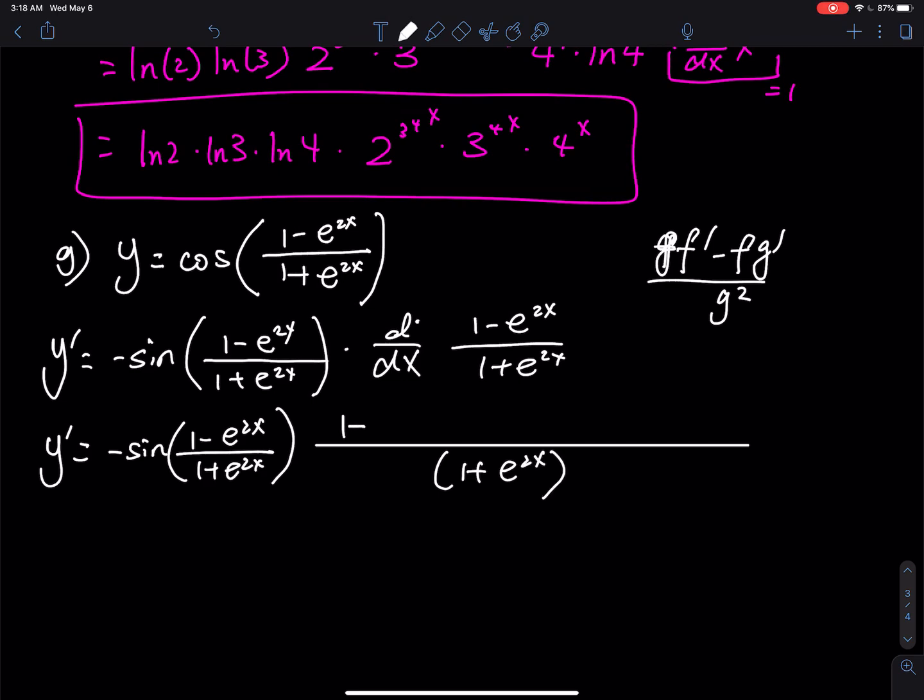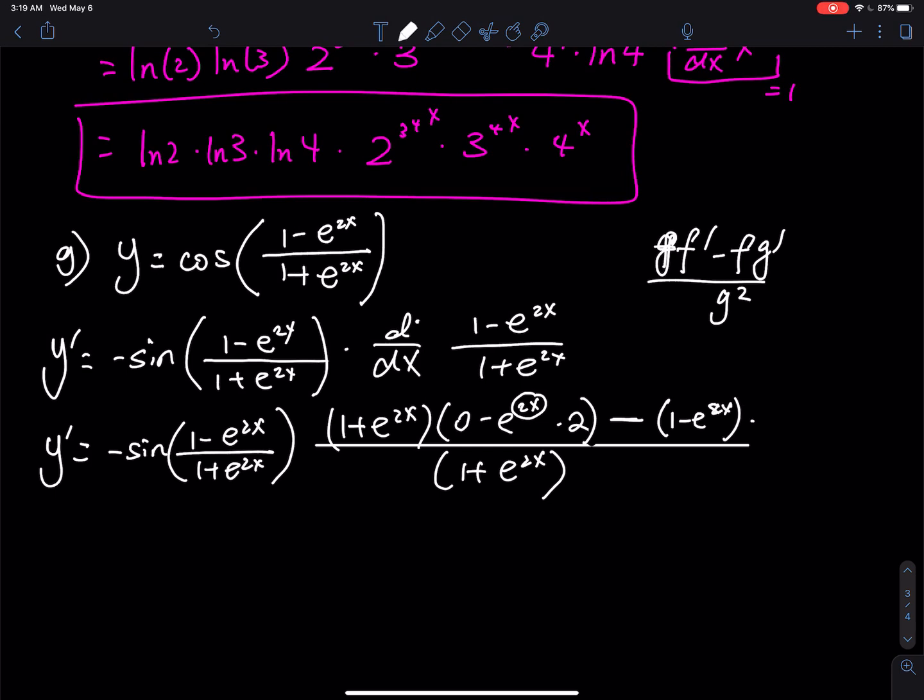So that is 1 plus e to the 2x, and then the derivative of the top, the derivative of 1 equals 0, and then e to the anything is just e to the anything, right? What else? You also need to take the derivative of 2x, which equals 2. So we just did a chain rule, and then minus for the quotient rule, and then function f, which is the top, and then derivative of the bottom.